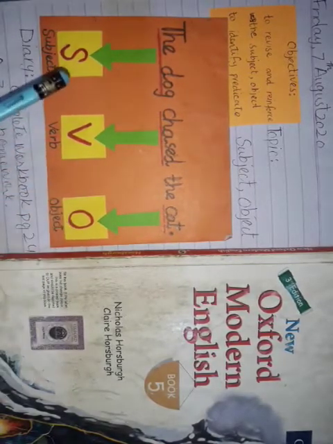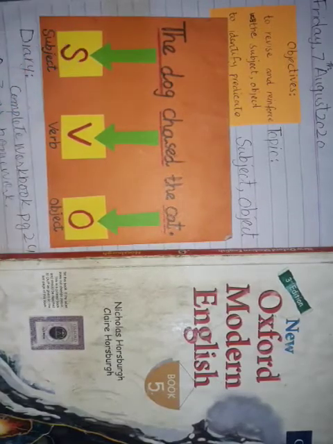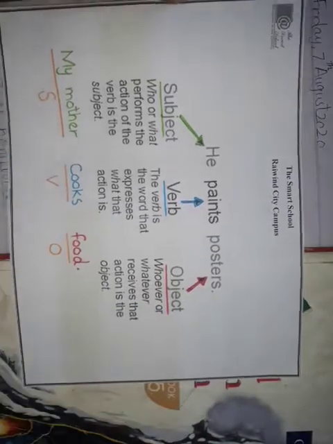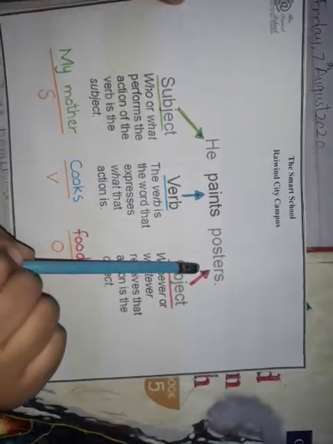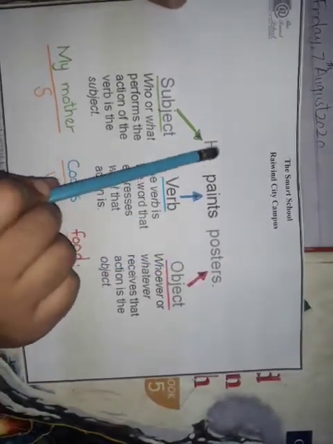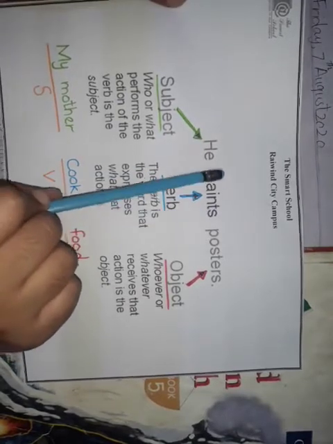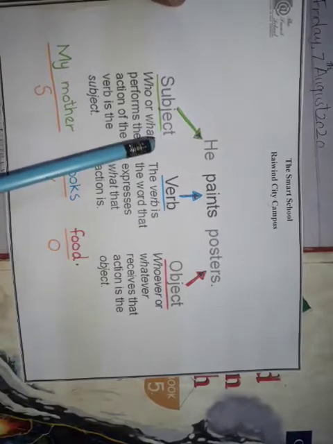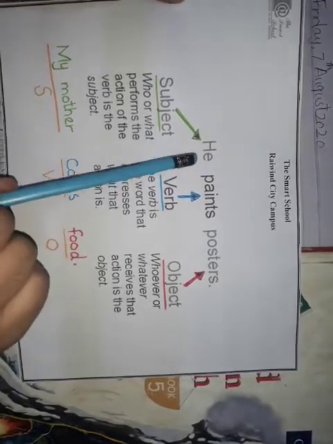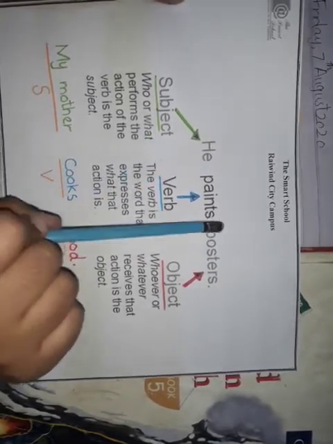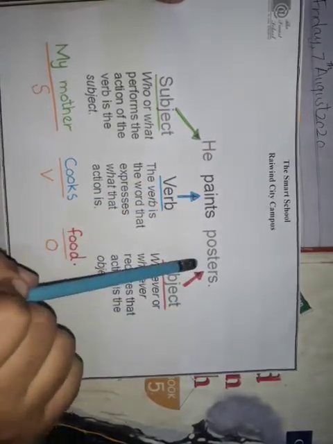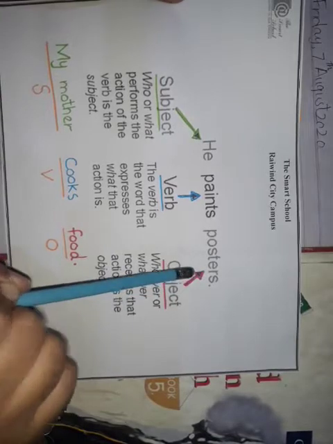Let me show you another example, it will help you to learn effectively. He paints poster. He is the subject, paints is the verb, and poster is the object, because he is the person who is doing some action and paints is the doing word, and poster is a thing on which some action has been done.